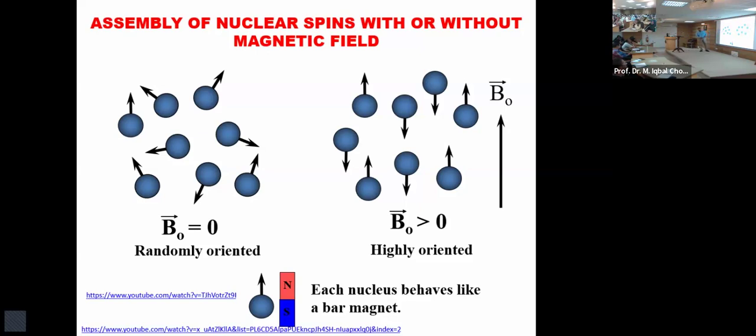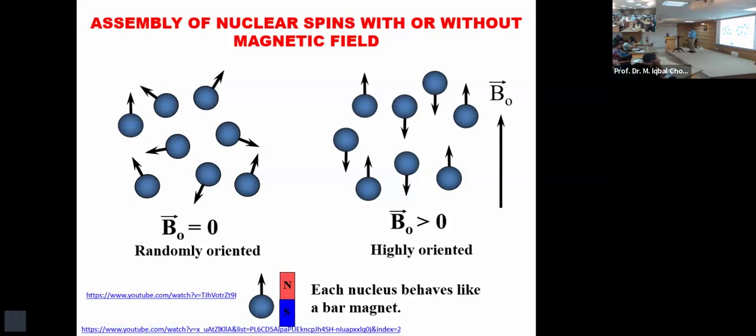When they were placed accidentally under the magnetic field B0, whether a permanent magnet, electromagnet, or superconducting magnet, these nuclei quickly aligned themselves, some along the magnetic field and some opposed to the magnetic field.